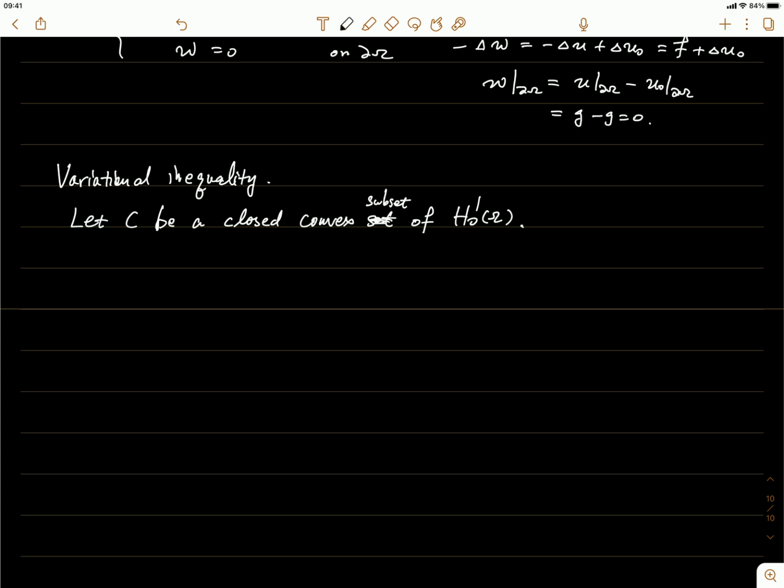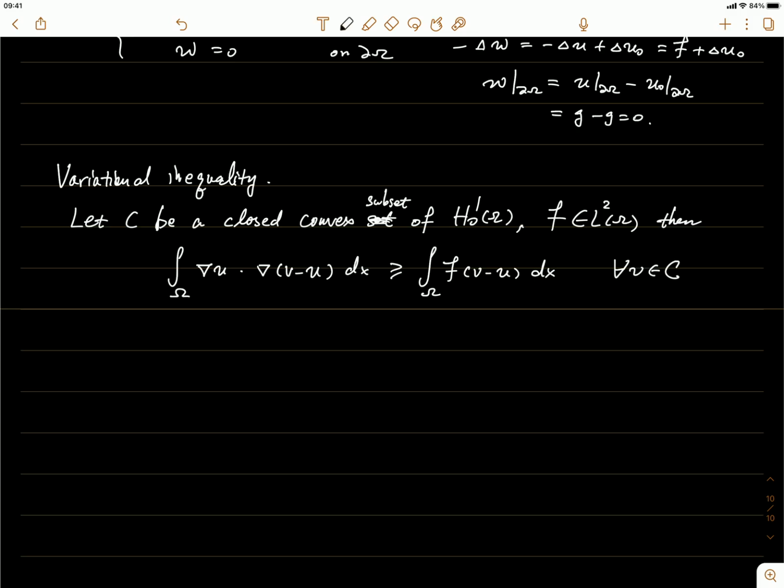Okay, and also as before, f is in L^2, which is given. Then a variational inequality is this: the integral over Ω of gradient u times the gradient of (v minus u) dx is greater than or equal to the integral over Ω of f times (v minus u) dx, for any v in C. Okay, so this is the so-called variational inequality.